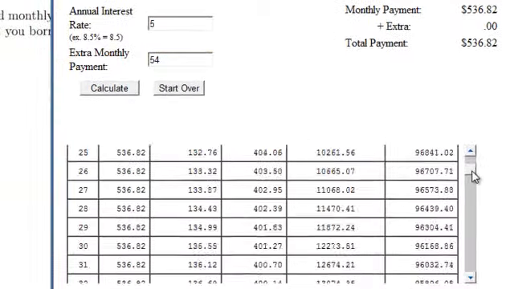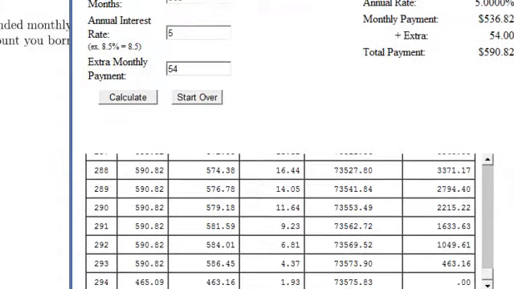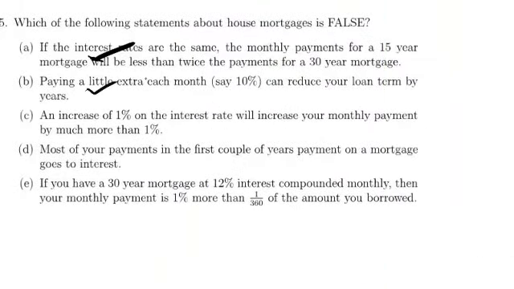Right now, scrolling down, we're at 360 months. If I pay $54 more, it's at 294. That means I save 66 months, over 5 years. Just paying a little more per month saves over 5 years of payments. So B is definitely true.